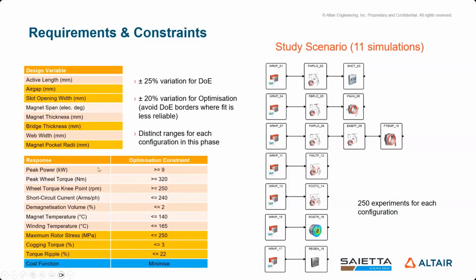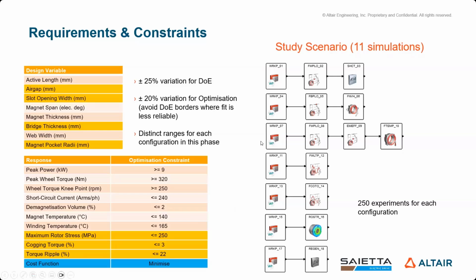And here you have the different responses that we want to constrain or optimize. So looking at peak power, peak torque, we have also short circuit current, demagnetization, temperatures, rotor stress, cogging torque and torque ripples. And here we are minimizing a cost function.